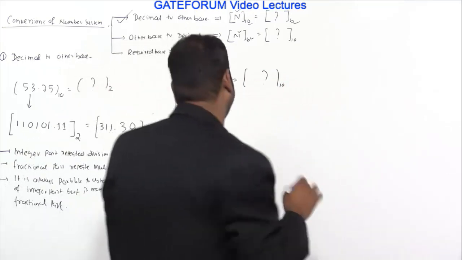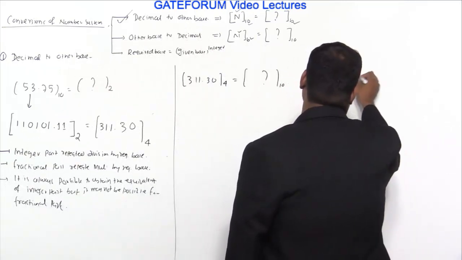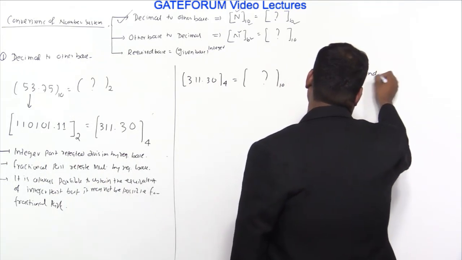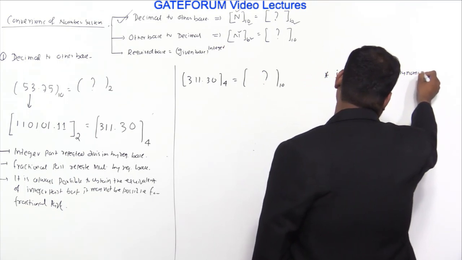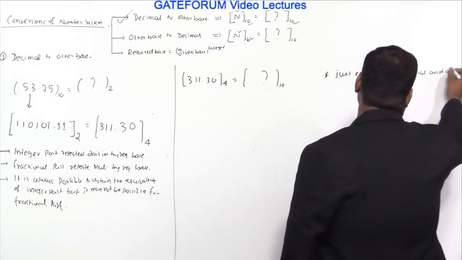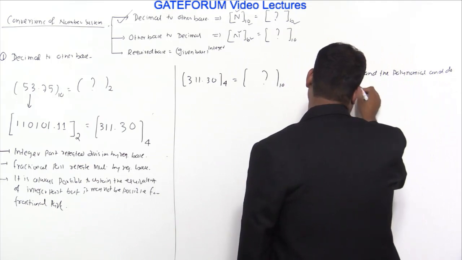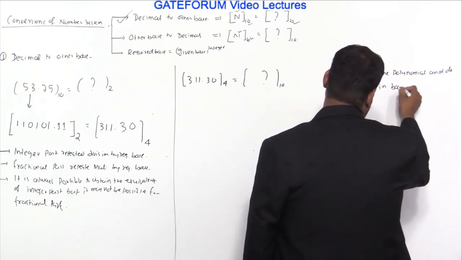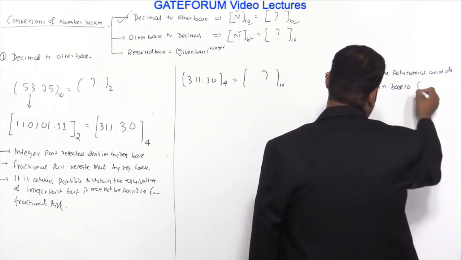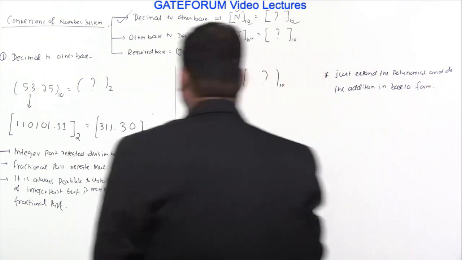Only one simple step: just expand the polynomial and do the addition in base 10 form.